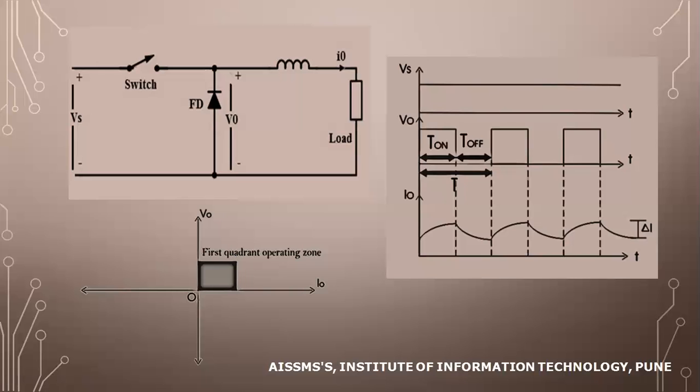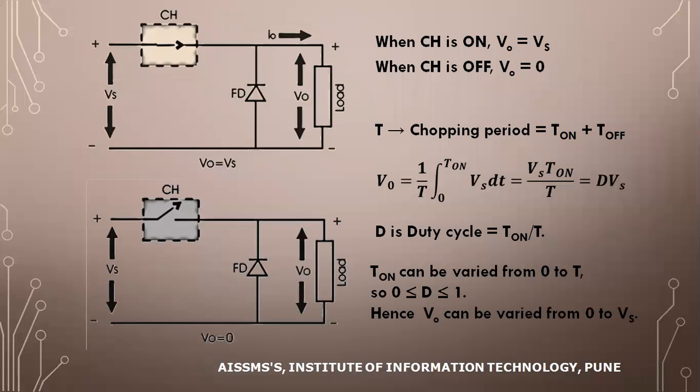Now let us see the equation of the output voltage. Now when this chopper is on, at that time output voltage V0 is equal to Vs. And when chopper is off, output voltage becomes equal to 0. Now the total chopping period T is given as on time of a chopper plus off time of a chopper.